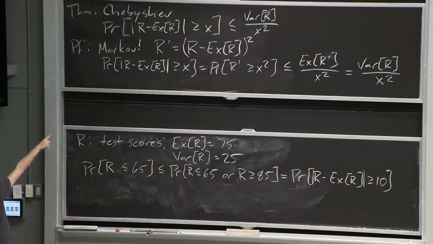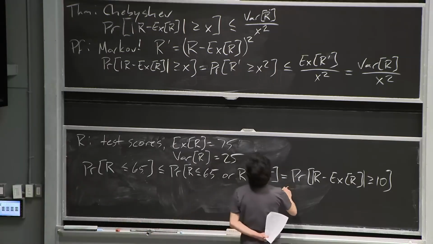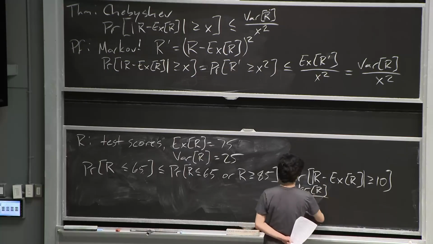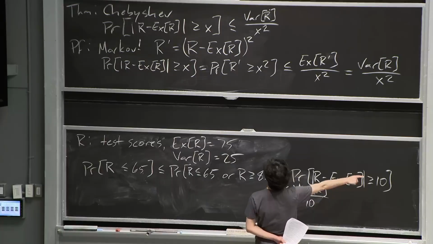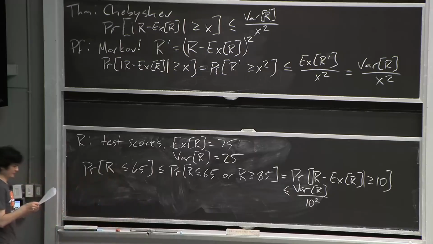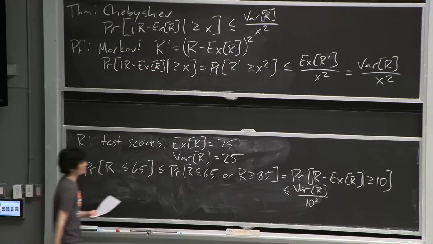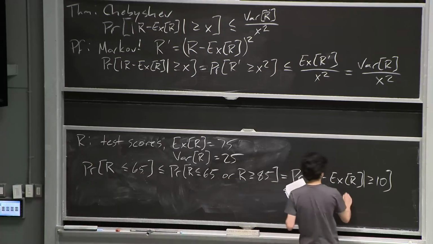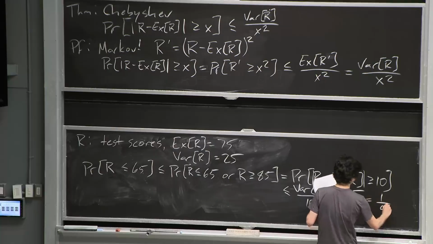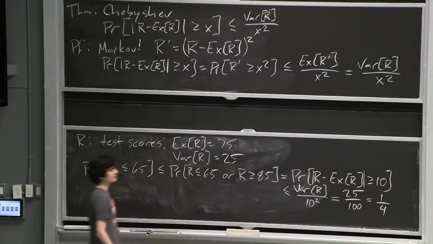So now we've got it in the form that Chebyshev likes, so we can apply Chebyshev. This is at most the variance of R divided by our threshold, which is 10, so 10 squared. 25 over 100 equals 1/4.